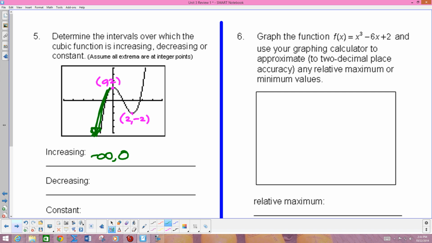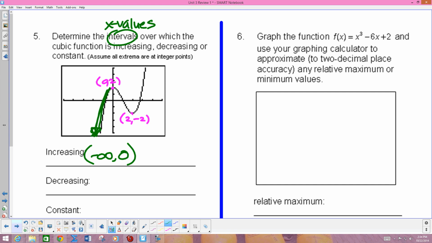Now, I hope that you hear me. Maybe this is the first time, but anytime we're dealing with any type of interval, intervals are always x values. Okay? Always x values. So this goes to the 2. And I am not including any of those points.